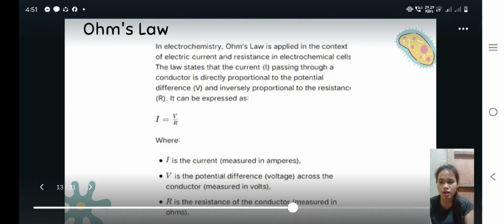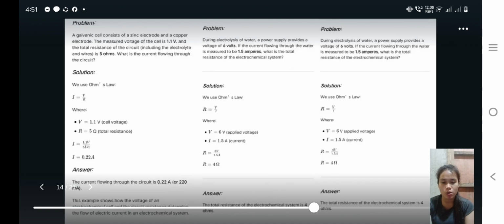It can be expressed as I equals V over R, where I is the current measured in amperes and V is the potential difference voltage across the conductor measured in volts, and the R is the resistance of the conductor measured in ohms. So I have here an example.